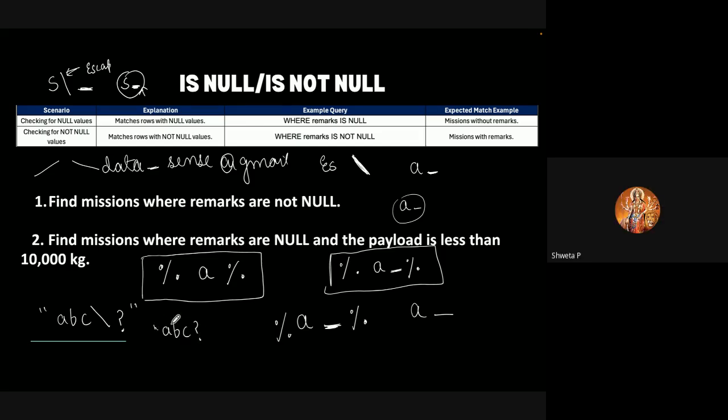By default, when we don't mention anything, you can put anything here. But if I actually want an underscore only, there you use a backward slash. Is it clear, everyone?